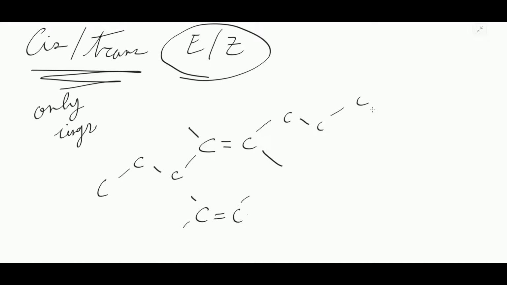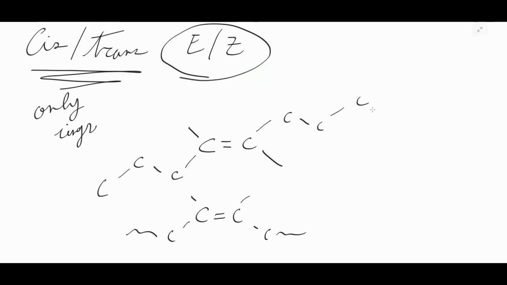It could also look like this: carbon and carbon. And remember, you cannot rotate this double bond. That rotation does not happen. So if you have one of these two forms, that's all it can do. It can either go across the double bond like that, or it can stay on the same side. And that's where we can get the difference that we need cis-trans or EZ to talk about.